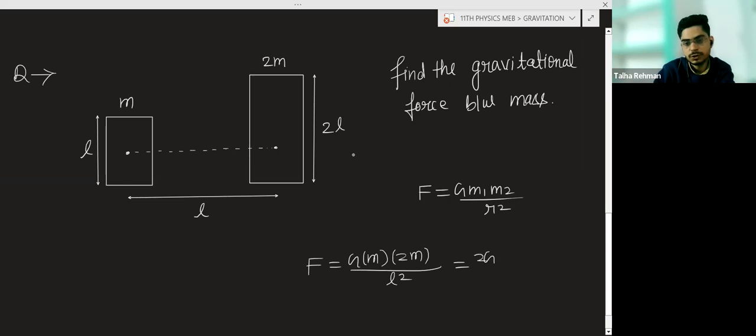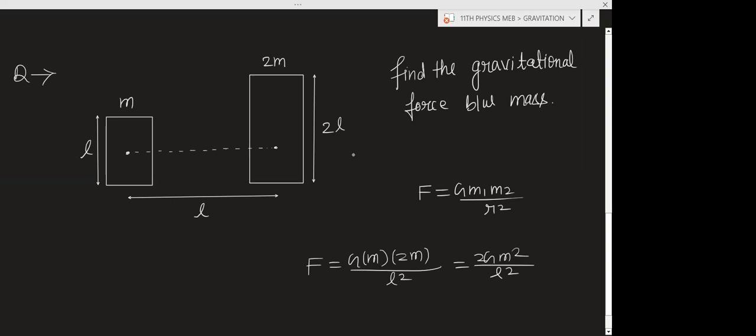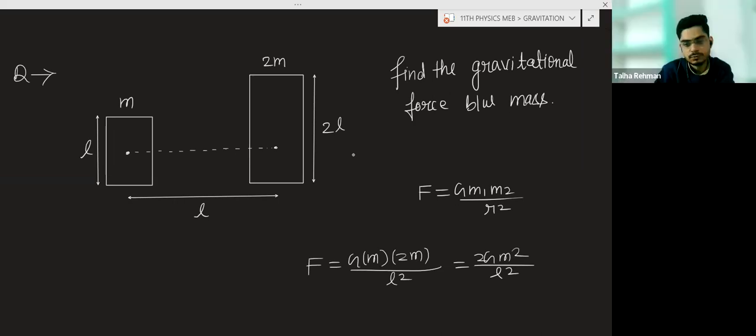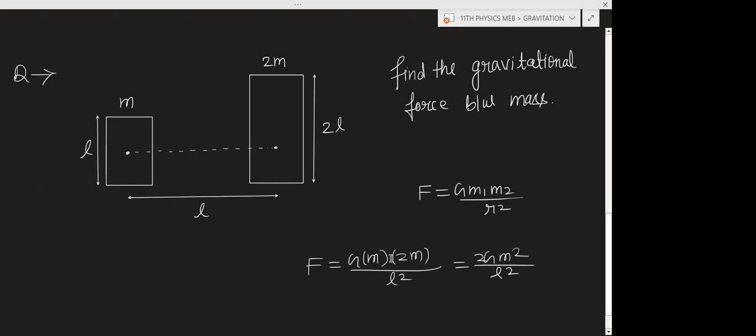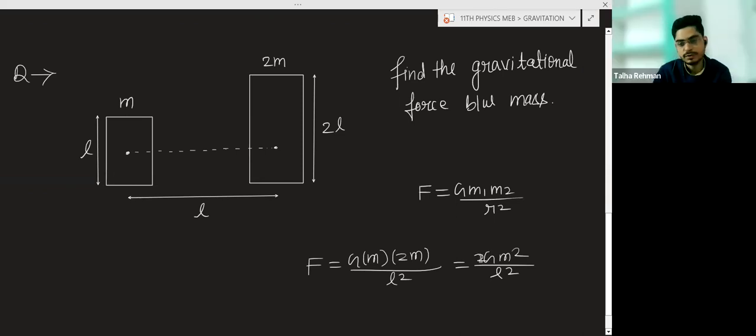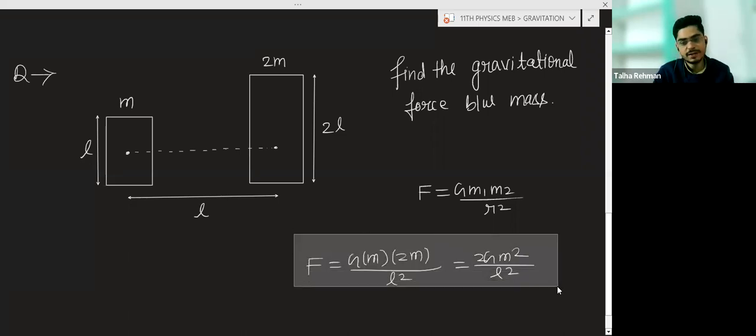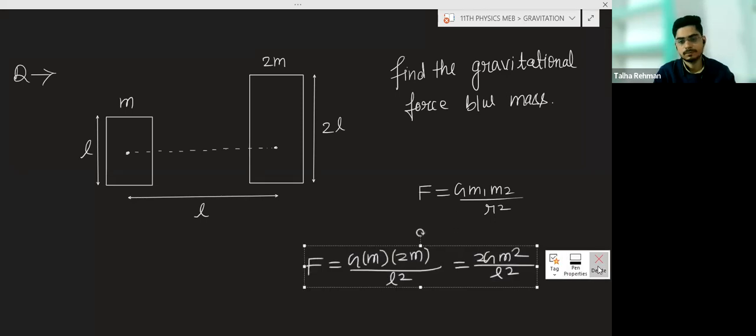So 2G M square by L square. This is the answer. So if you are doing it like this, this is a wrong answer.